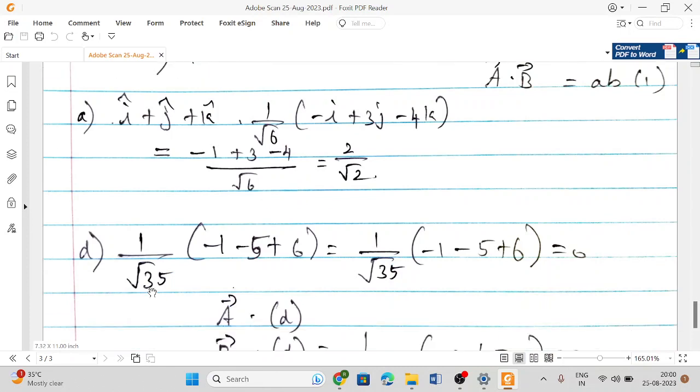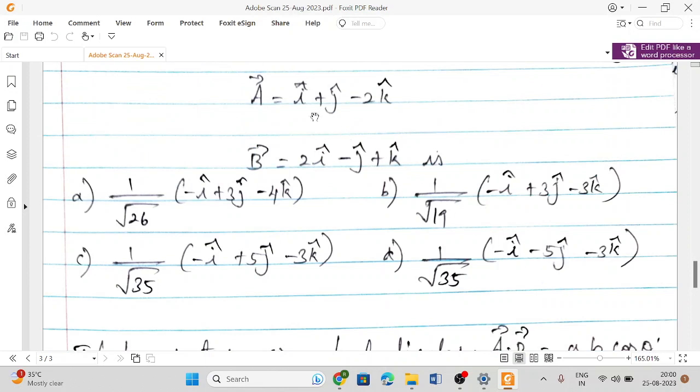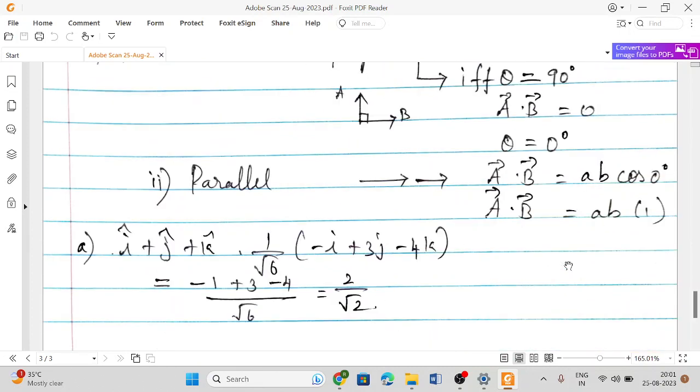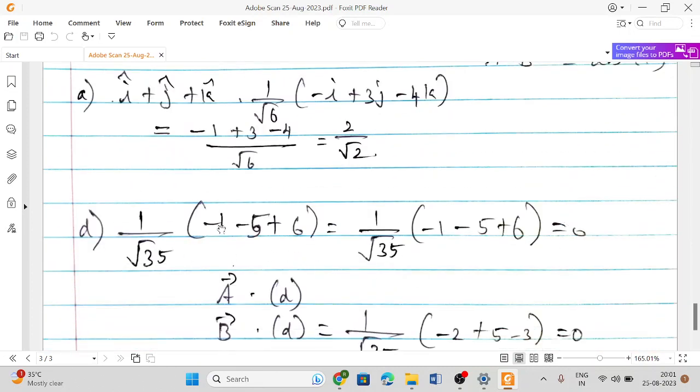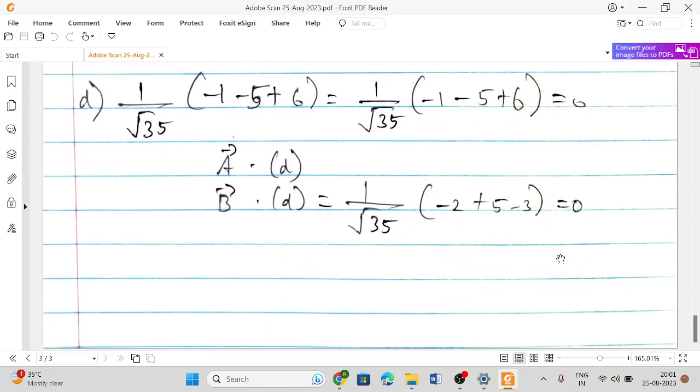Then I choose option B. Seeing the vectors itself, if I take a dot product, 1 into minus 1 is minus 1, 1 into 5 is minus 5, minus 2 into minus 3 gives 6. So these terms become zero, and automatically the dot product becomes zero. That's why I chose D. If I take a dot product, I get minus 1, minus 5, and plus 6, which is obviously 0. This is true for the A vector. Similarly, for the B vector, I will get 0.